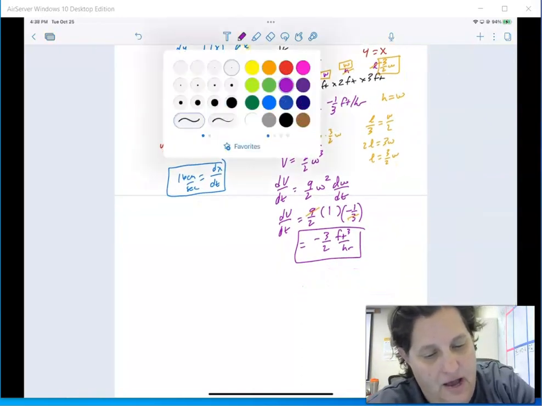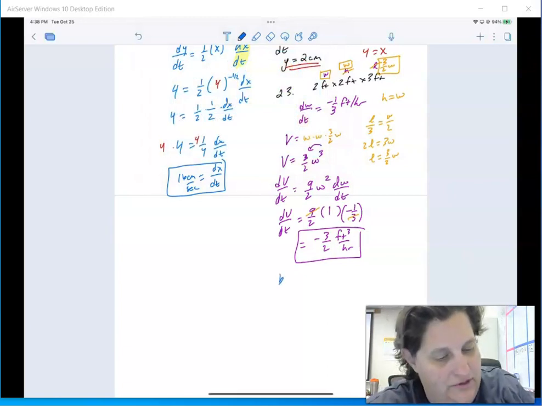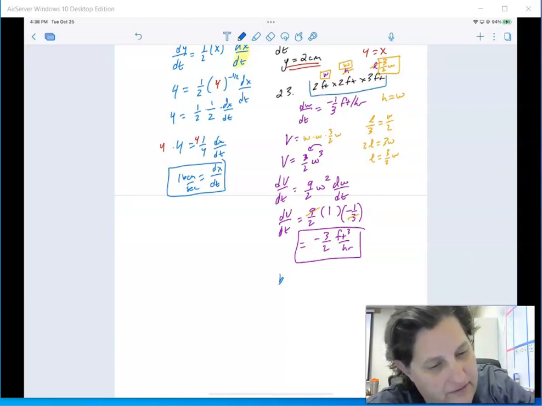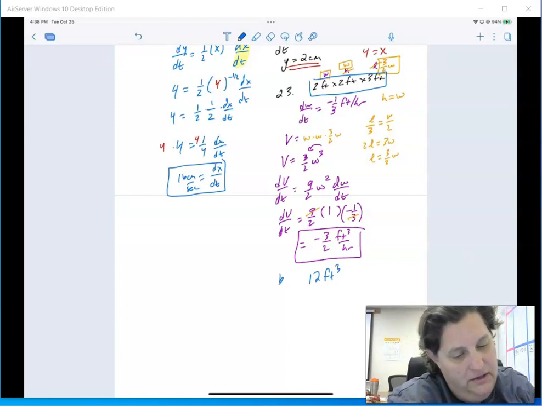Okay. Part B, the amount of time it would take for it to completely melt. Well, let me think about this here. 2 times 2 times 3 is, it's a 12-foot cubed block.